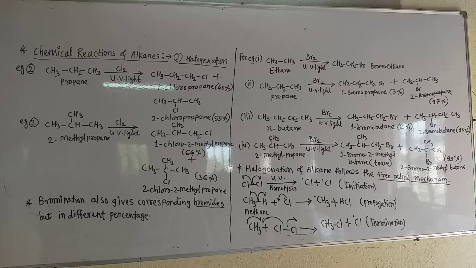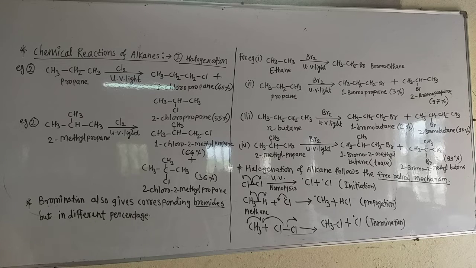This free radical mechanism is carried out in two ways. One is in ultraviolet rays, or diffused sunlight; in the presence of ultraviolet rays these free radicals are formed. The other is by thermal heating; at a very high temperature also free radicals are formed.